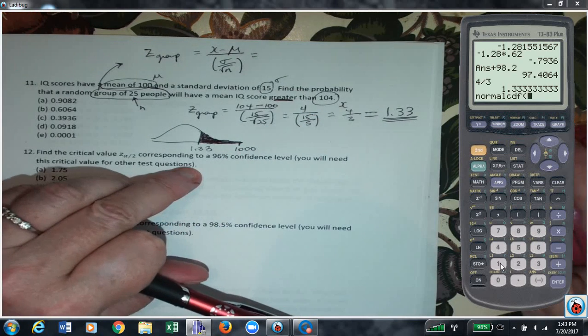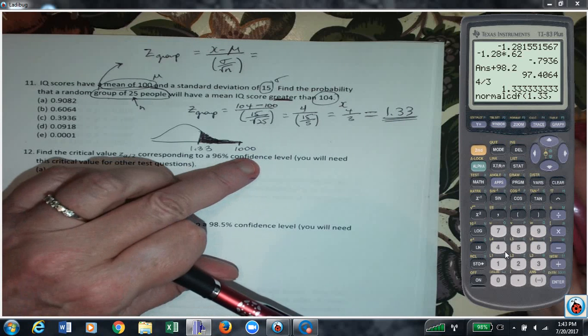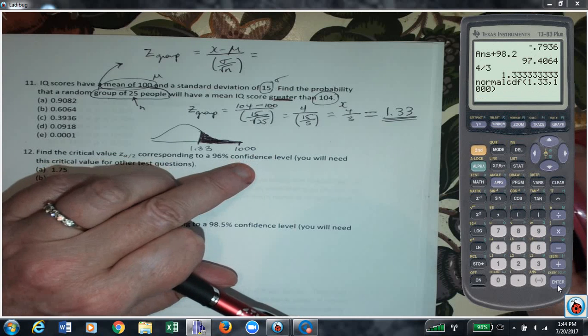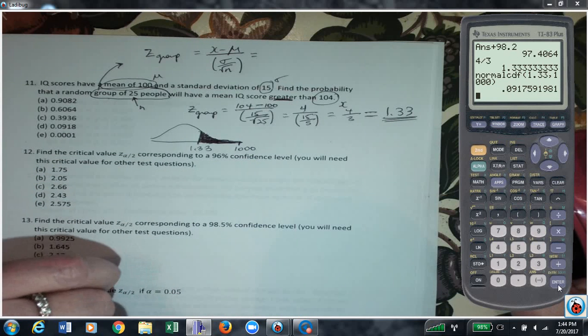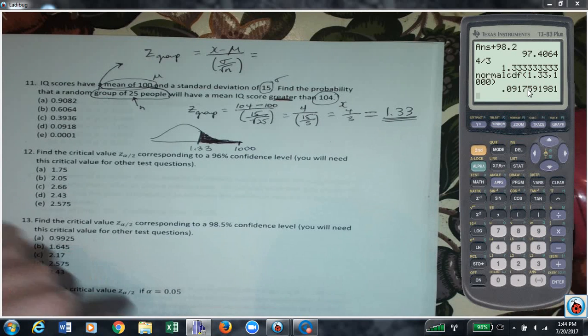So my left-hand limit is going to be 1.33, comma, my right-hand limit is going to be 1,000. And so that area, if I take it to 4 decimal places, is going to be 0.0918.